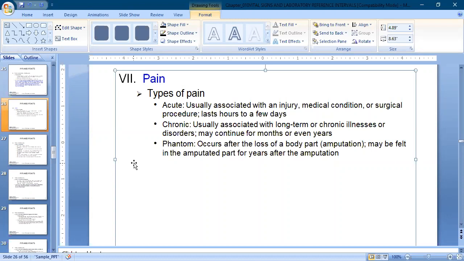So when do we have to check the vital signs, my friend? During the admission, as per doctor's order, or with any change of health status.